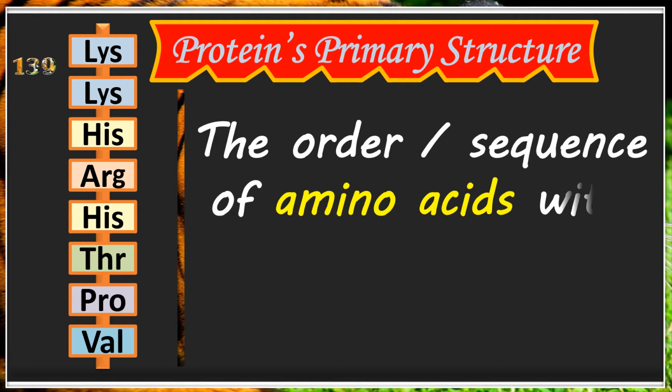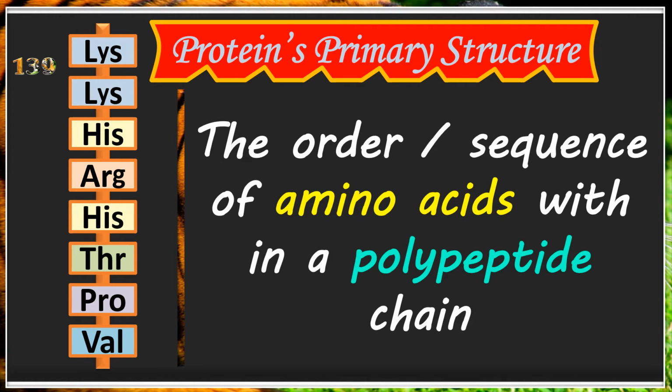The protein primary structure shows the order or the sequence of amino acids within a polypeptide chain. That is a polypeptide chain with amino acids.